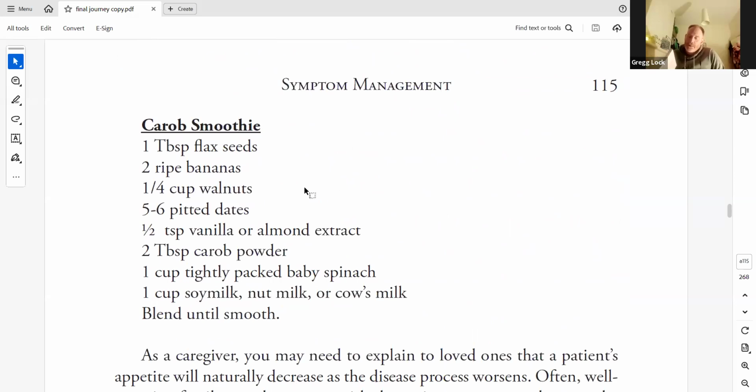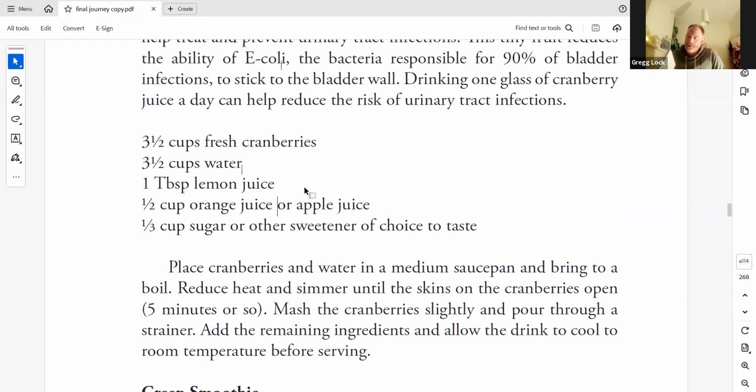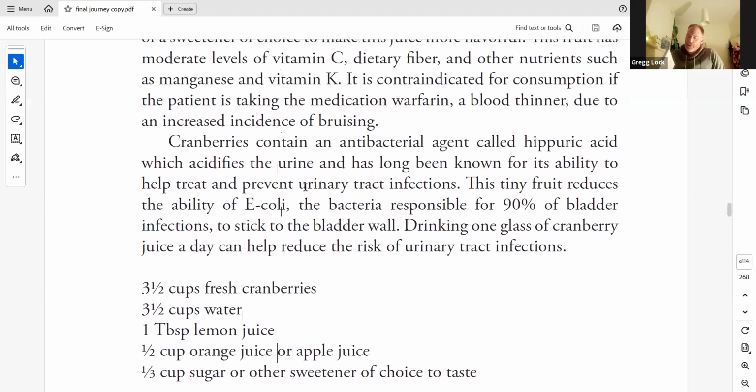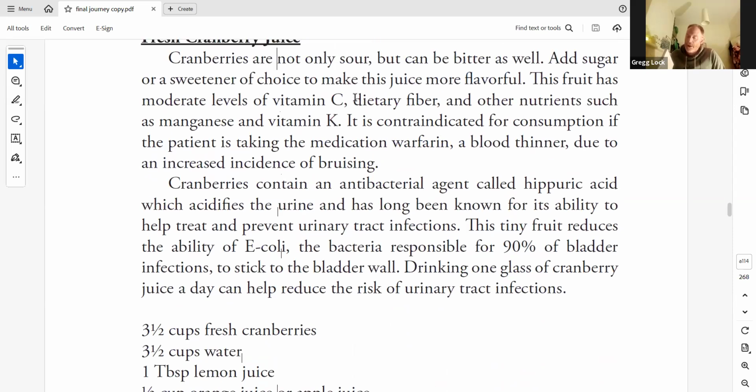Cranberries are not only sour but can be bitter as well. Add sugar or a sweetener of choice to make this juice more flavorful. This fruit has moderate levels of vitamin C, dietary fiber, and other nutrients such as manganese and vitamin K. It is contraindicated for consumption if the patient is taking the medication warfarin, a blood thinner, due to increased incidence of bruising.